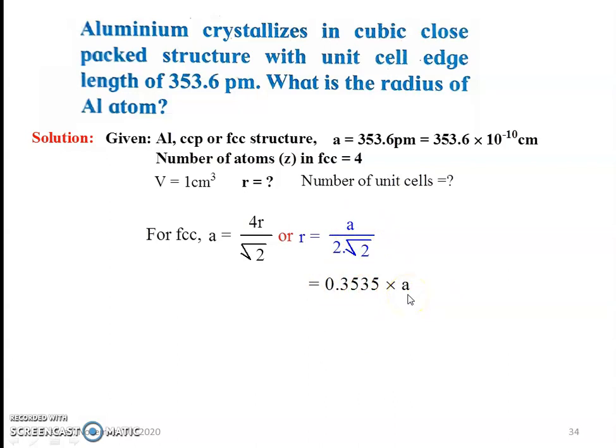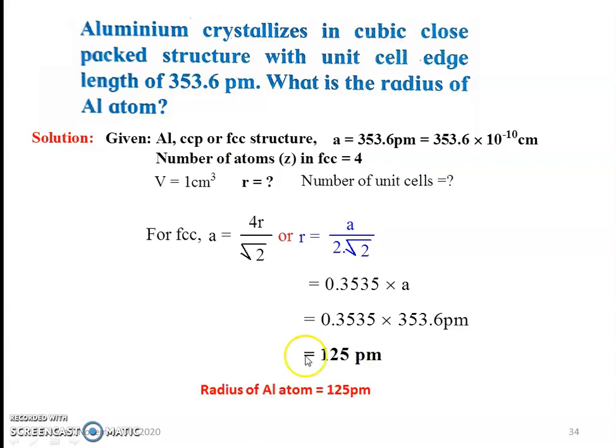Substituting the value of a, 353.6 picometer, it is equal to 0.3535 into 353.6 picometer. So the answer is 125 picometer. So the radius of aluminium is 125 picometer.